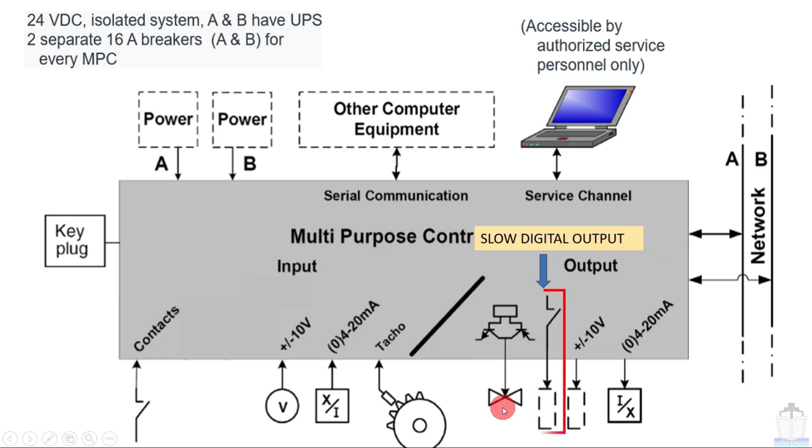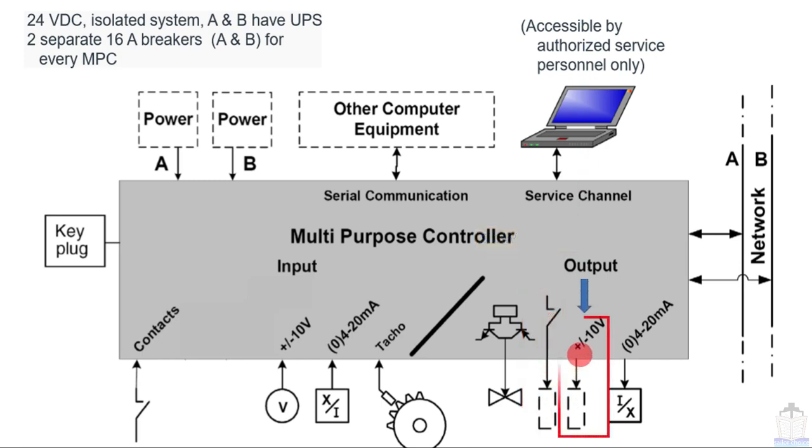Okay, now moving to our next output, called the slow digital output, which can be understood by seeing this symbol. It is for switching on and off things like the HPS pump, auxiliary blower, etc. Those channels will be denoted by this slow digital output.